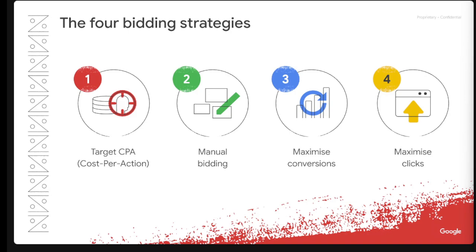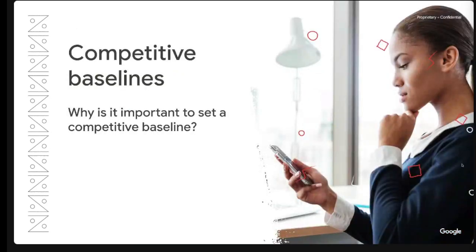What I didn't touch on is the manual bidding part of it. So the manual bidding gives you more control because then you are allowed to set your budget and your maximum bidding for the campaign. But it also requires you to monitor your campaign performance correctly and also adjust it based on your budget. So those are mainly the 4 bidding strategies when it comes to campaign creation.